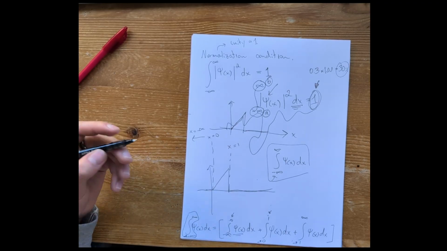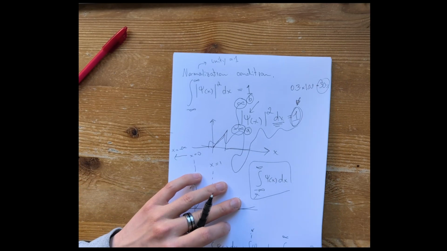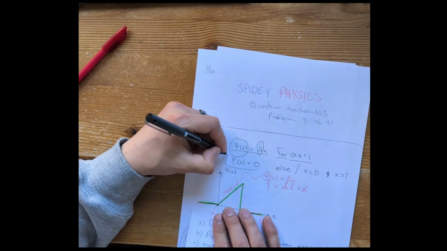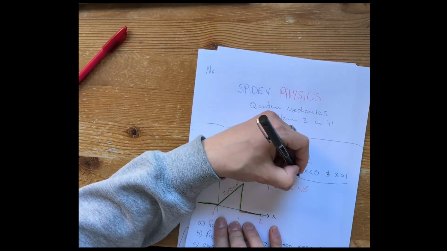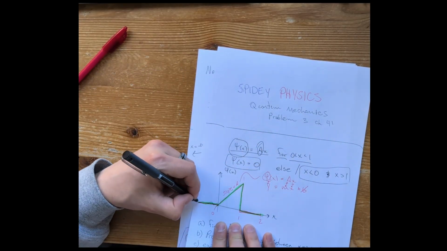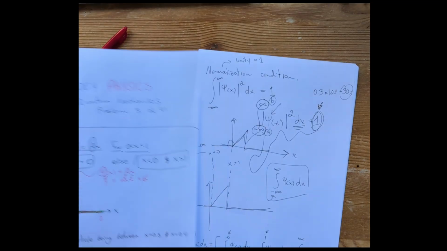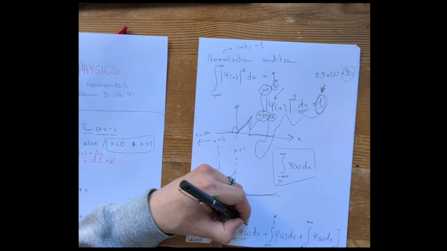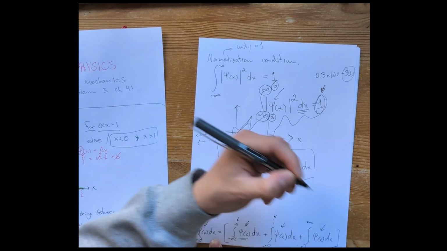Why is this the case? Because if you remember in our conditions in the problem, it said that the wave function is 0 anywhere out in this region here. So the wave function here is 0, the wave function here is 0. Right here we're plugging in the wave function, here, here, and here.